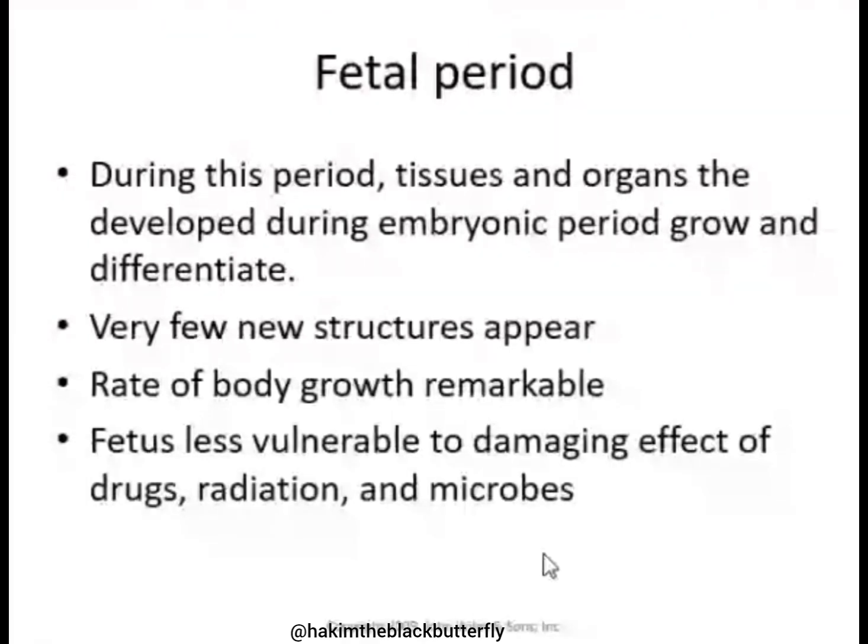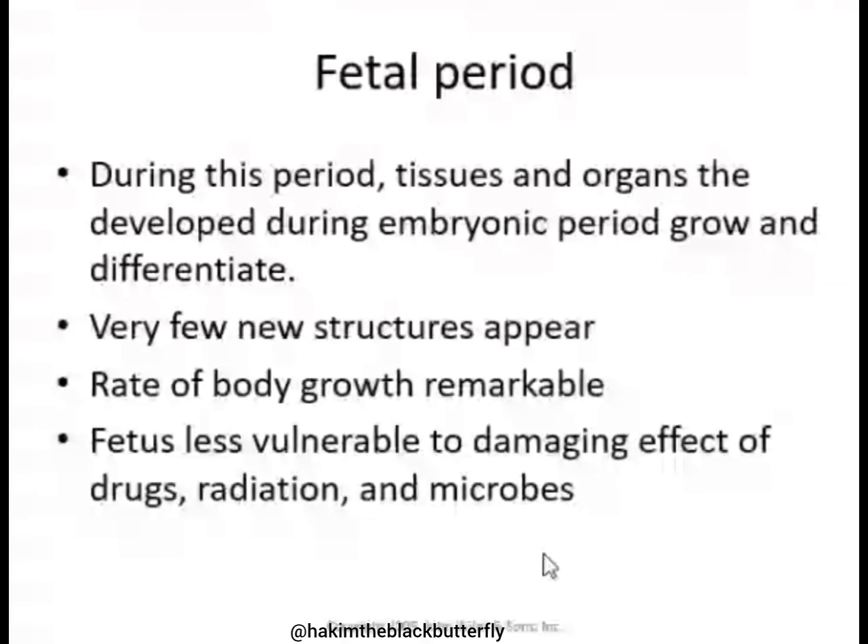So the fetal period, that is the period between week 9 up to birth, is a period of growth of the structures which have been laid down from the germ layers. They continue to grow so that by the end of gestation, they are mature enough to support you independent of the placenta.